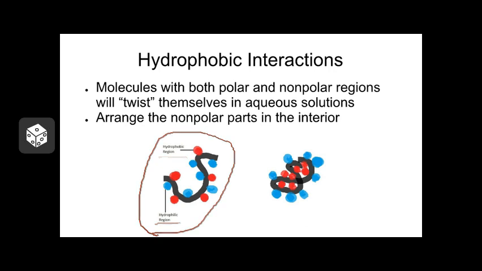And it will twist in such a way so that it puts all of the hydrophobic regions, or as many as possible, together in the center of the molecule, and all of the hydrophilic regions towards the outside. This helps stabilize the molecule because it minimizes the amount of hydrophilic solution that's going to be touching that hydrophobic inner core.